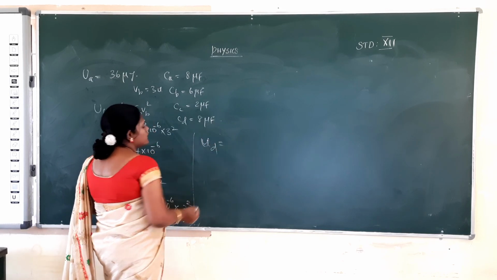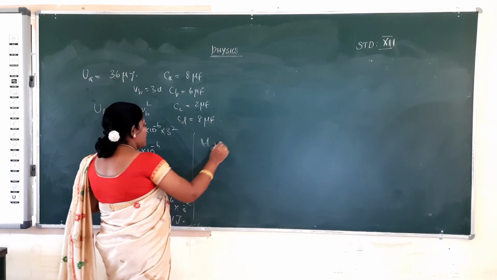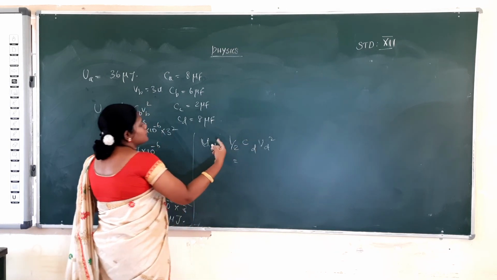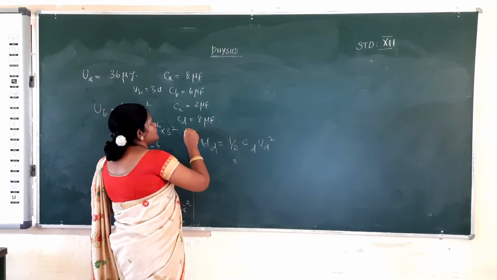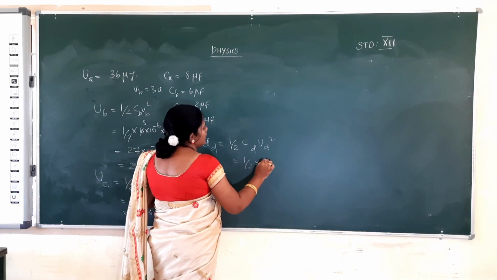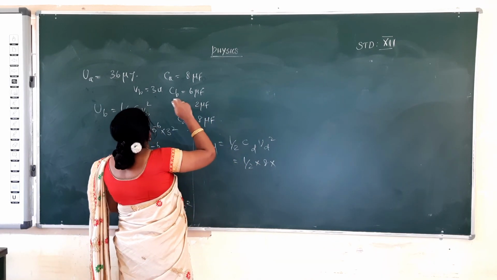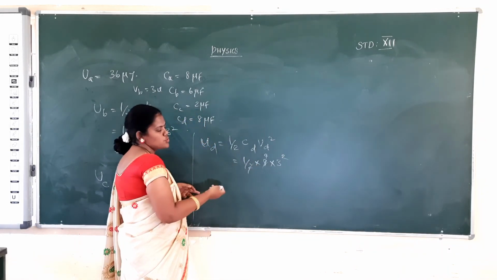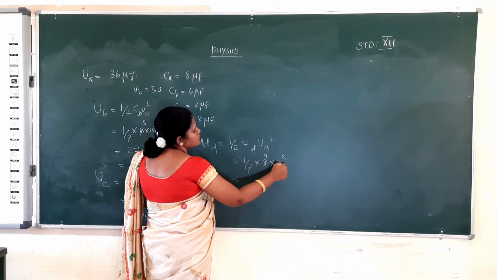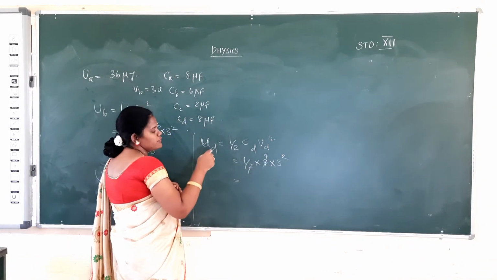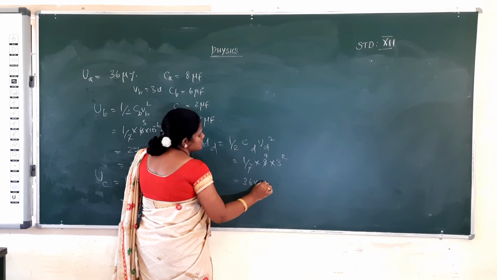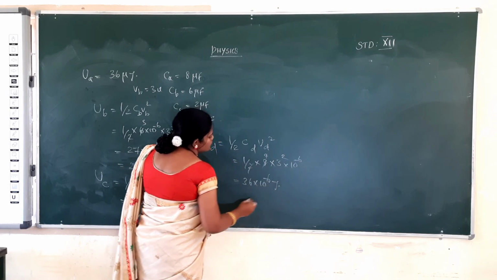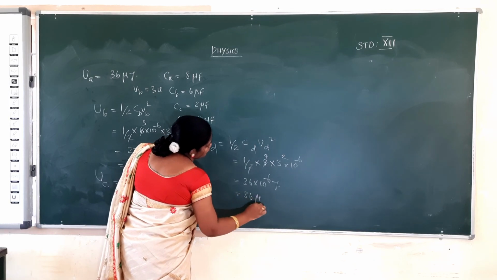And then UD, the energy in capacitor D, is equal to half CD VD square. Substitute the CD value, 8, and VD value, 3 square. Half of 8 is 4, and 4 into 9 is 36. So 36 into 10 power minus 6 joule, which is 36 microjoule.